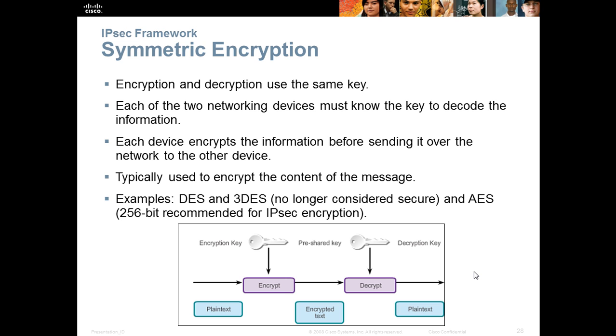Symmetric encryption is typically used to encrypt the content of the message. Some examples of symmetric encryption are DES or 3DES, which is no longer considered secure, and AES, with a 256-bit key recommended for IPsec encryption.